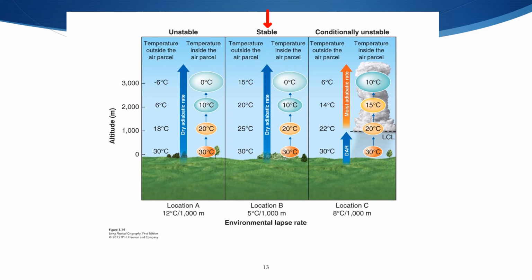So the air parcel is cooler. And we see the same pattern as we go up. At each 1,000 meters going up in altitude, that air parcel is consistently cooler than the surrounding outside air. So it's going to be colder, it's going to be denser, and it is going to want to sink, and it's not going to go up of its own accord unless somebody gives it a good swift kick. This is a stable atmosphere.